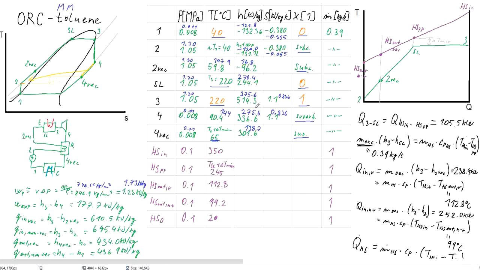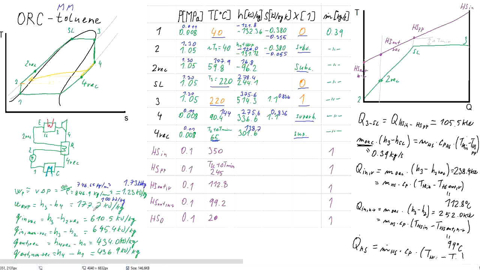So now we can get to the parameters of the cycle. The work of the expander is almost exactly 100 kilojoules per kilogram. The work of the pump was over here.